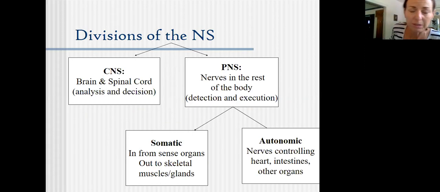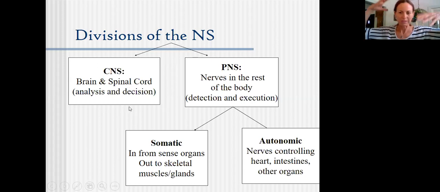And the peripheral nervous system are the nerves that are running out of the spinal cord and into the rest of the body. And so what we have in terms of this CNS is really all the processing that's done in the brain, all of our thinking, so to speak. And that's why I have analysis and decision, making decisions and doing analysis.